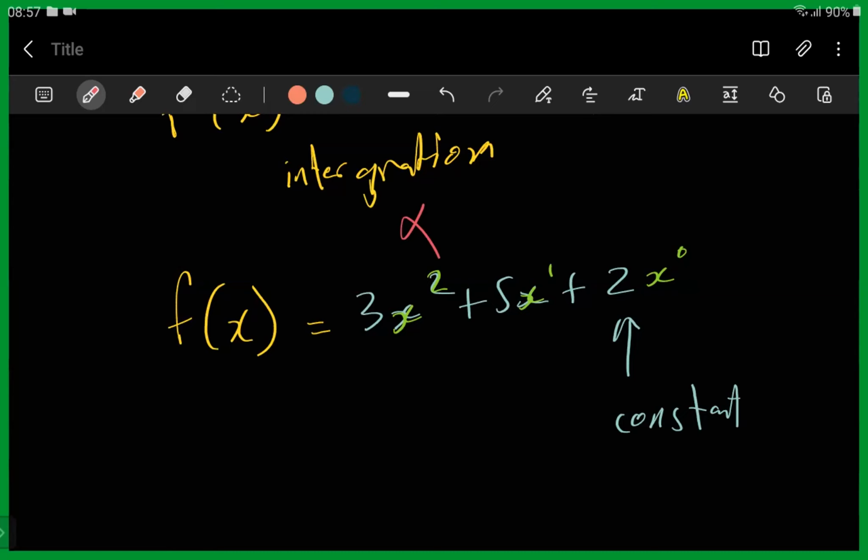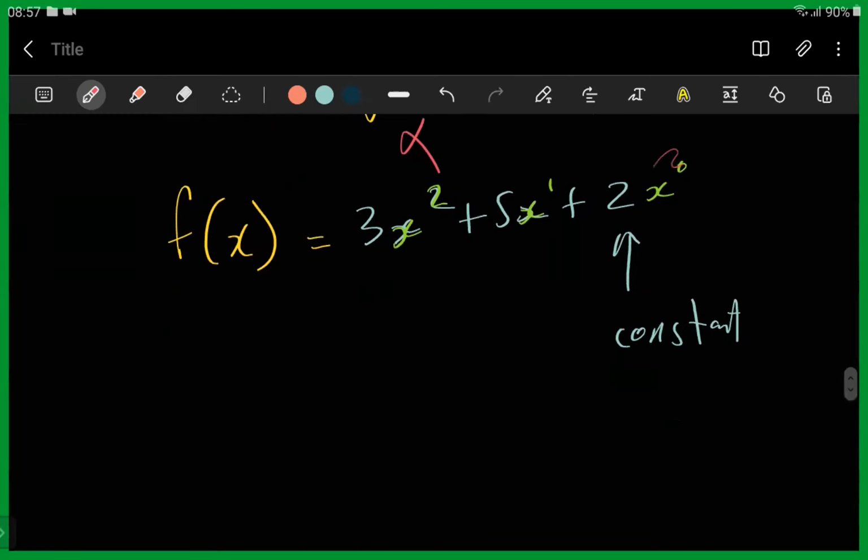That's the law. The reason is you always have 0 times the constant, and then you always just have a 0, because when you're differentiating this, you have 2 times 3, which is a 6, 2 minus 1, which is a 1. Then here 1 times 5, which is 5, and then 1 minus 1, which is a 0.